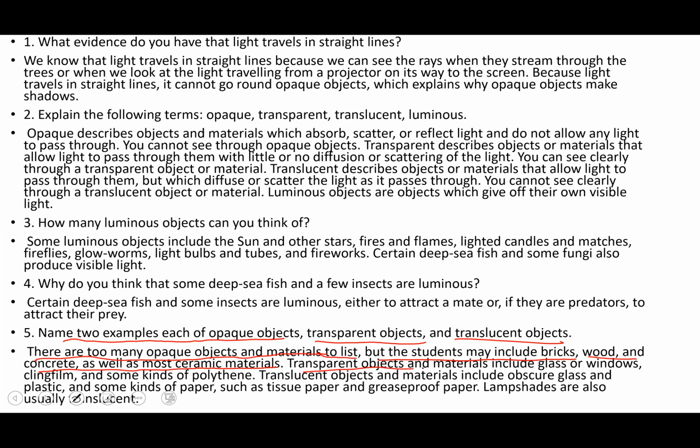Transparent objects and materials include glass windows, cling film, and some kinds of polythene. You can also write down polythene bags, which are also used in our daily lives. Translucent objects and materials include obscure glass, plastic, and some kinds of paper, such as tissue paper and greaseproof paper.